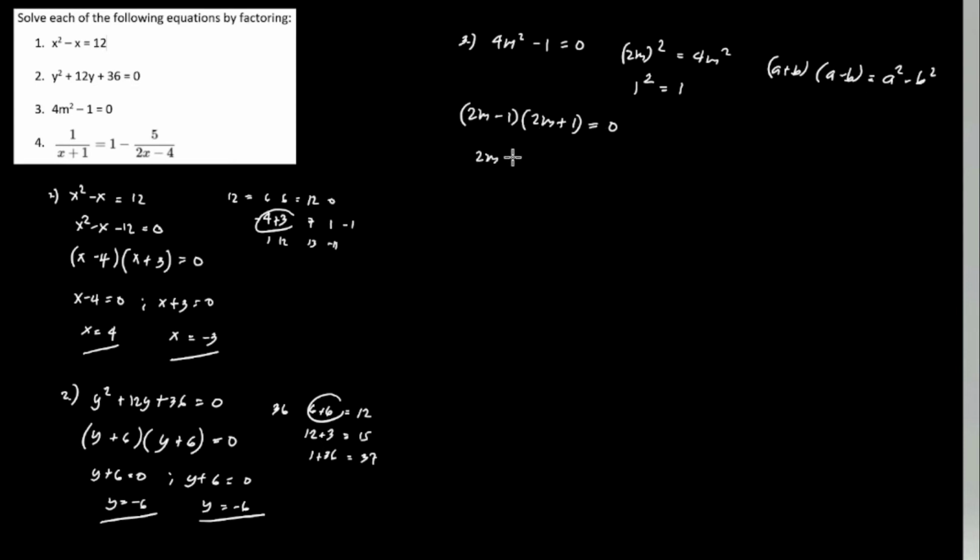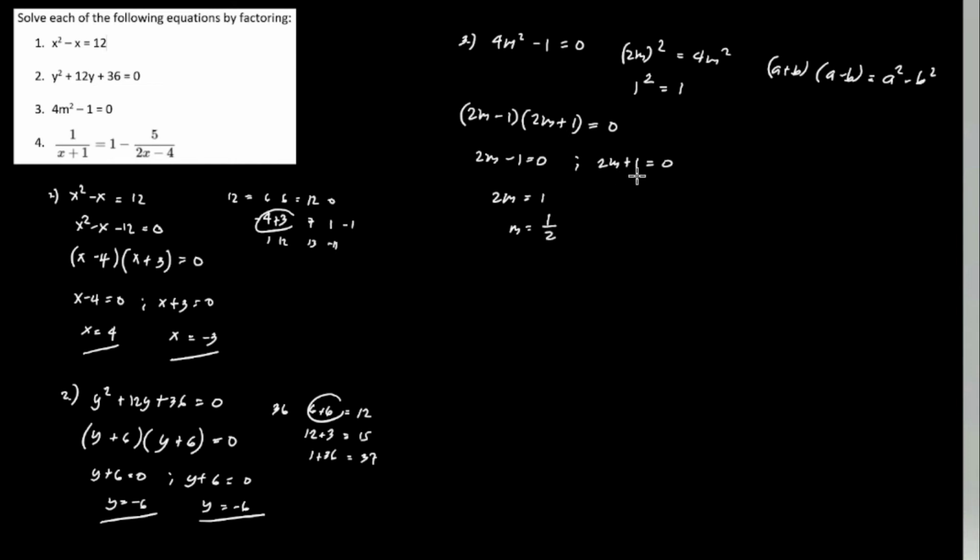Equate that to 0. So 2m minus 1 is equal to 0, and another 2m plus 1 is also equal to 0. Then 2m is equal to positive 1 on the right side, and divide everything by 2, so m is equal to 1 over 2.